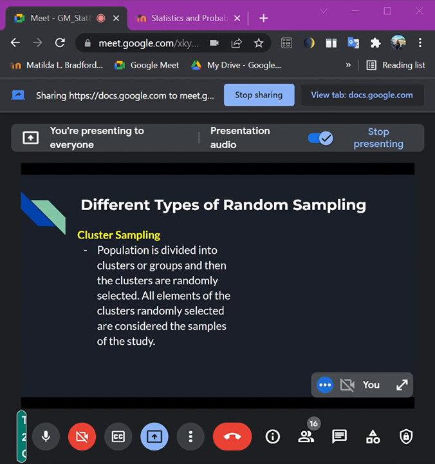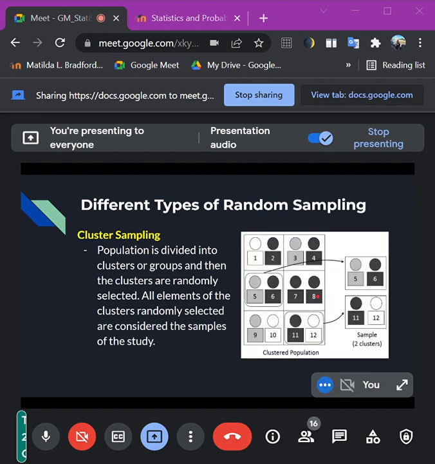For example, if our population is 50 and I divide it into 4 groups, then I will just get 3 from this group, 3 from that group, and 3 from this group. So that is cluster sampling. Okay?